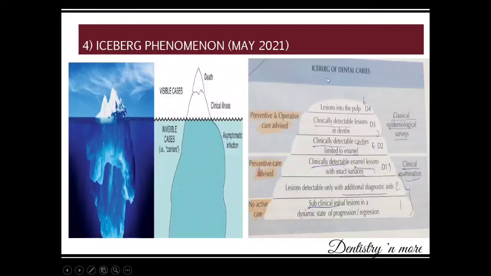If we take the iceberg of dental caries, the earliest lesions, D1 or subclinical, will be under the water line, and the clinically detectable cavities limited to enamel and dentin, D2 and D3, and pulpal lesions only will be visible. But if we do more screening camps, we can find out these D1 and D2. So that is the importance of screening.